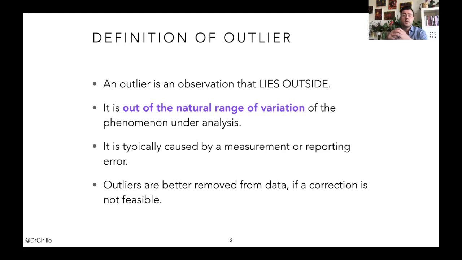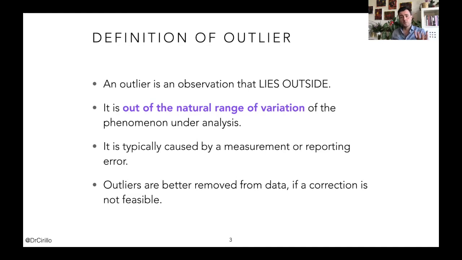What we will see together is that when we have an outlier, an observation that we can safely define as an outlier, there are solutions that include either trying to correct the observation or removing it if we are not able to make any change to its value.